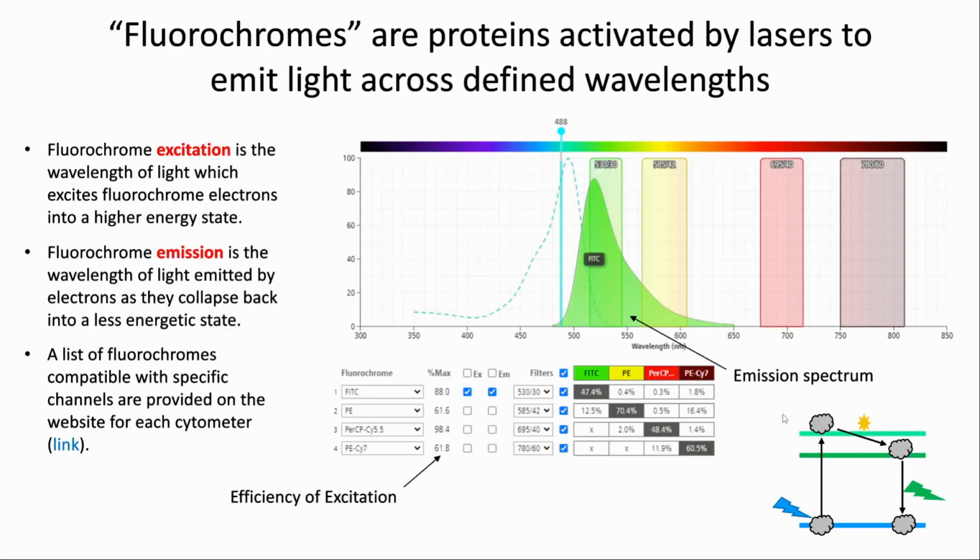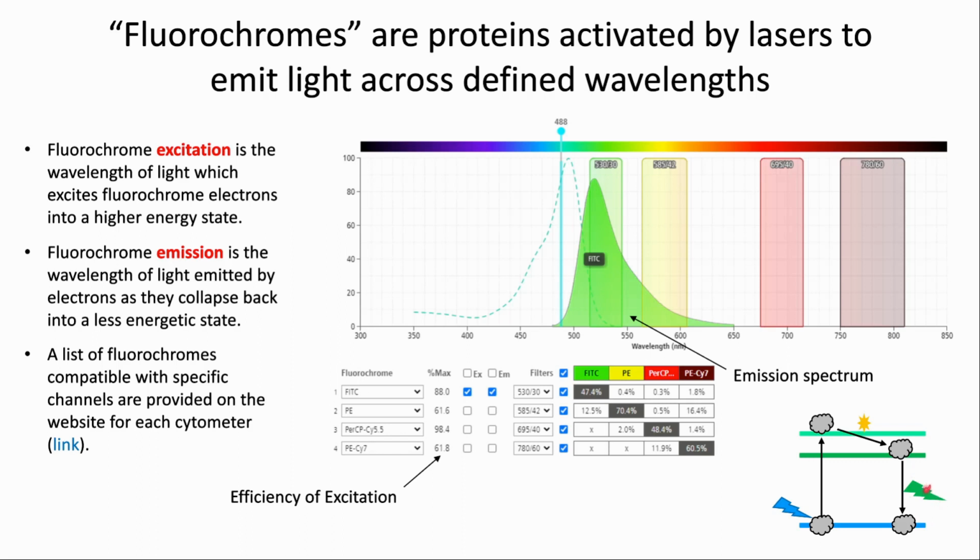Moving on in our understanding of jargon in flow cytometry, fluorochromes are molecules which can be stimulated by lasers to emit light across a defined wavelength. Fluorochrome excitation is the wavelength of light which excites the electrons into a higher energy state. These electrons quickly collapse back into a less energetic state. This releases a little bit of energy as heat and the rest of the energy as light.